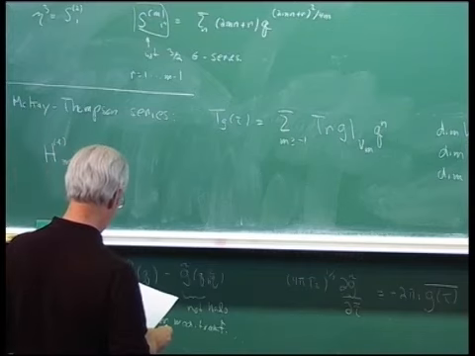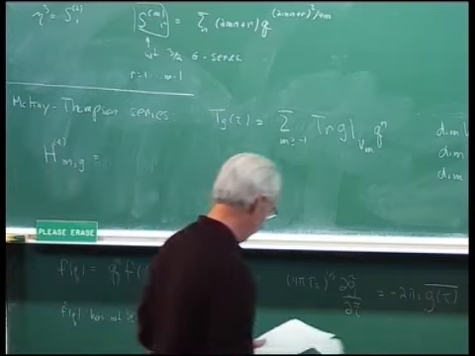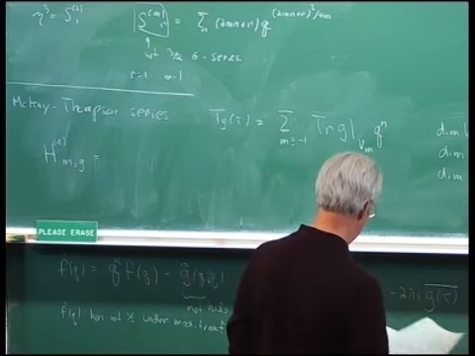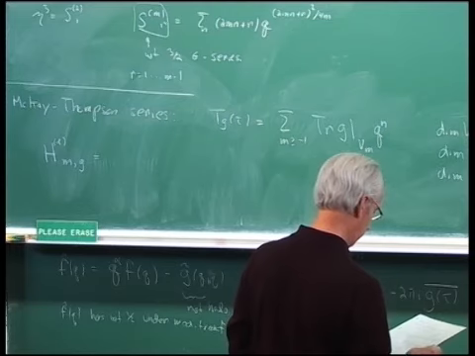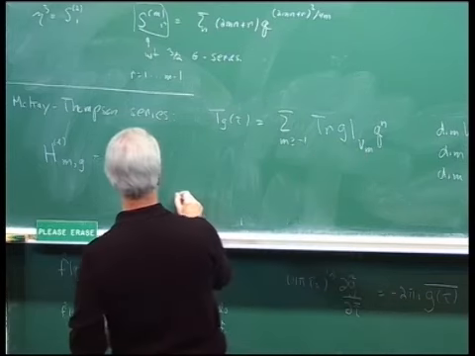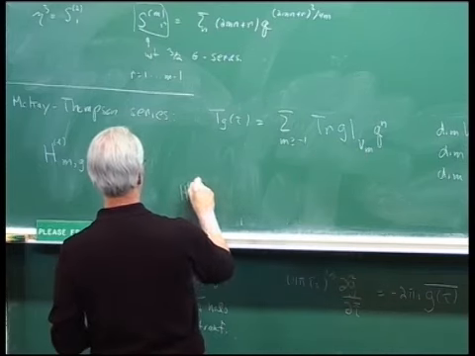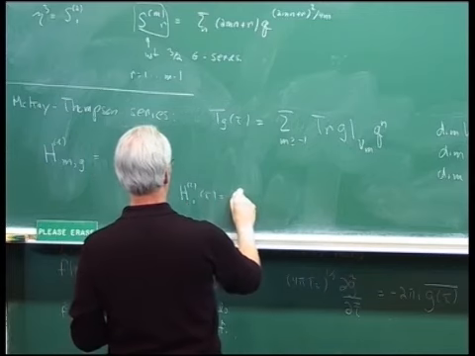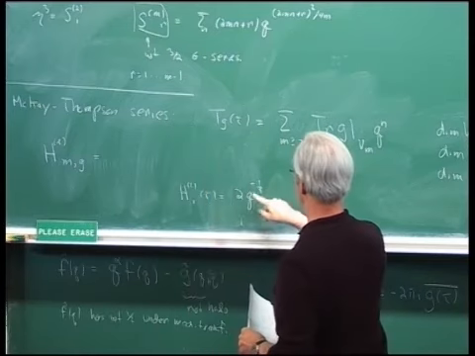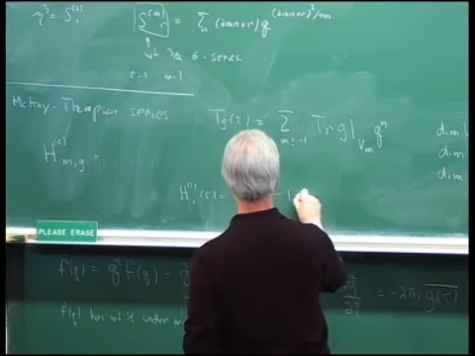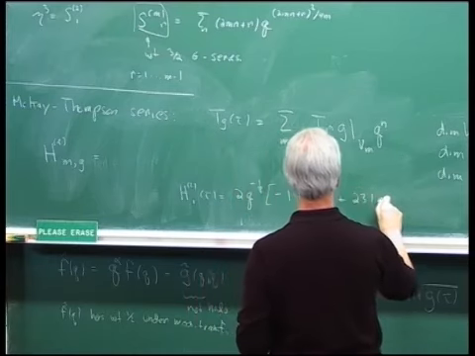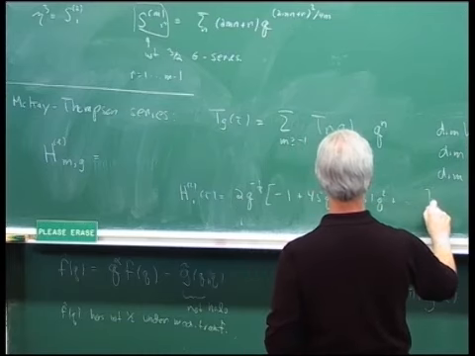So, I don't know, I think the idea is clear enough. For H21 of tau, for example, I had 2q to the minus 1/8. This was the rational power that I had to multiply by. Then I had minus 1 plus 45 q plus 231 q squared plus dot, dot, dot.